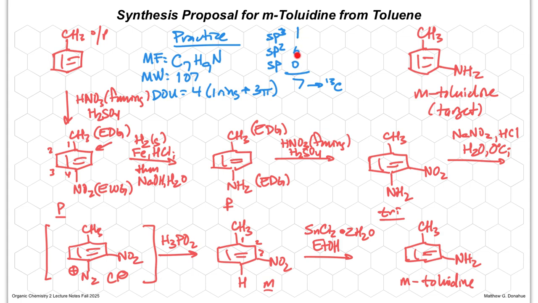And the reason for doing the hybridization analysis is that you're going to see 1 signal set off by itself, sp3, and then a cluster of 6 together because they're all sp2 in the aromatic ring.